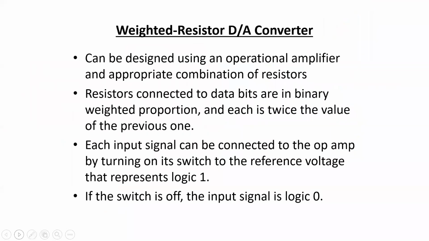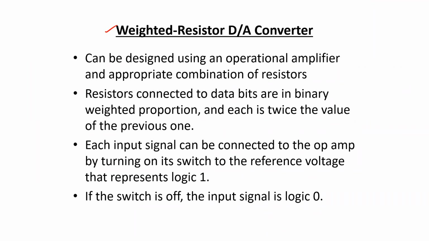Now for digital to analog conversion. In today's lecture, I'm going to introduce two types of digital to analog converter. The first one is the weighted resistor DA converter, and the second one is the R-2R ladder DA converter.